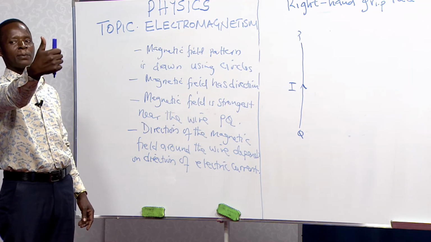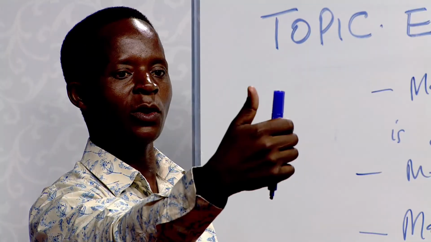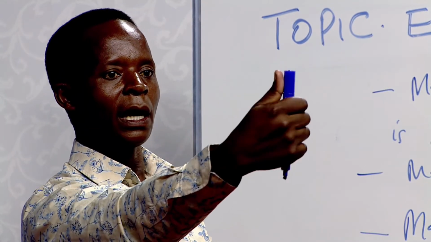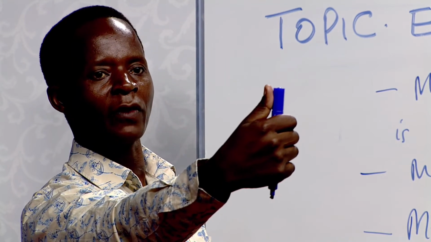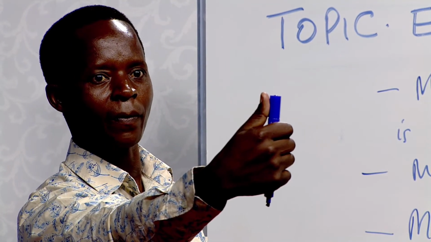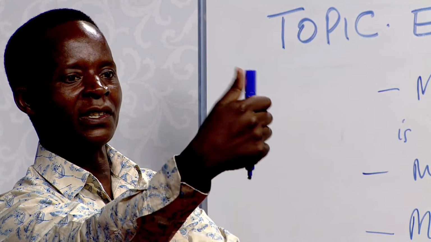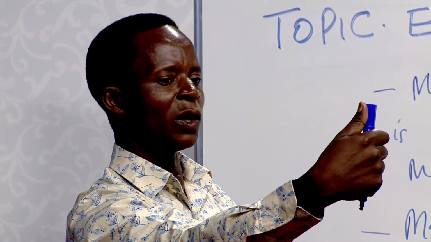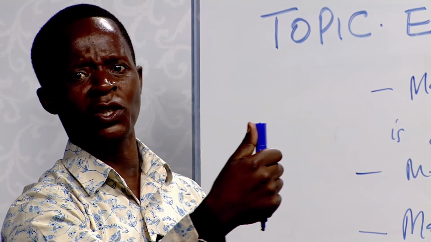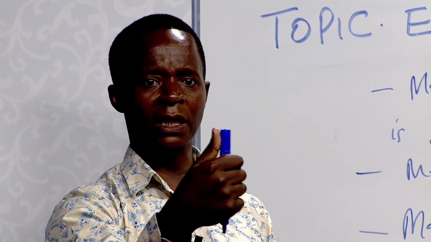Hold that pen, that ruler in your right hand, and the thumb is pointing to the direction of flow of electric current. Then the other fingers, 1, 2, 3, 4, are curved in the direction of the magnetic field.